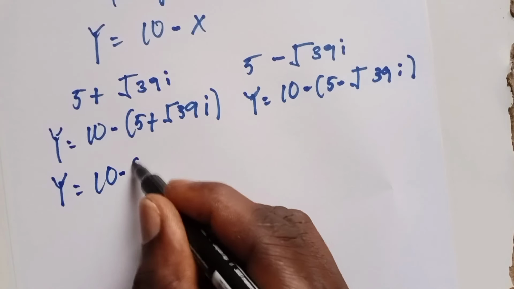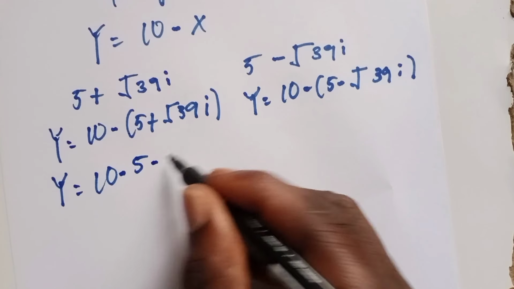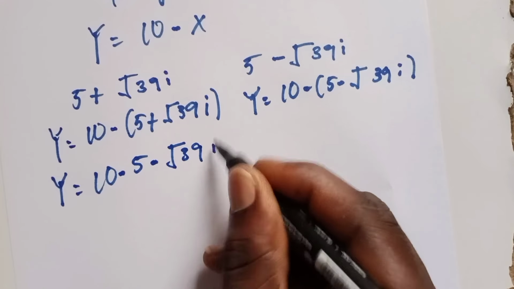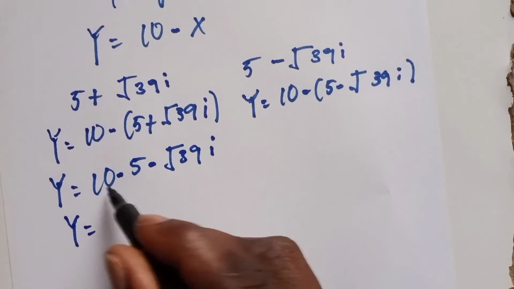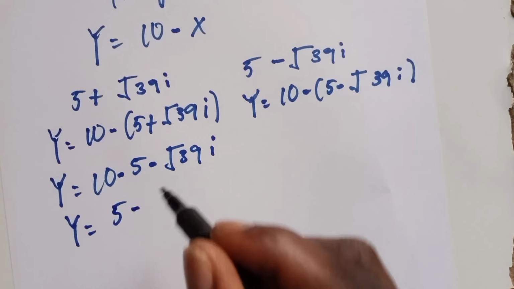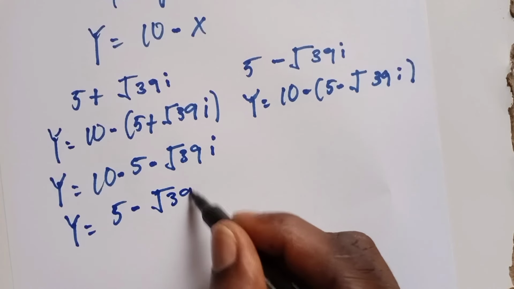So y will be equal to 10 minus 5, which is 5, minus root 39 i.